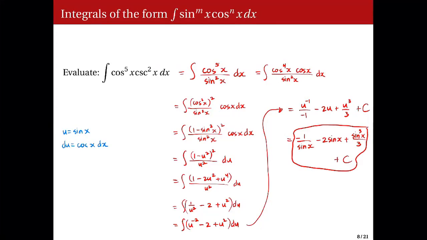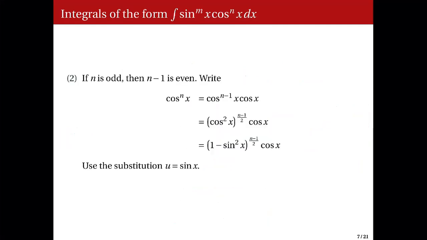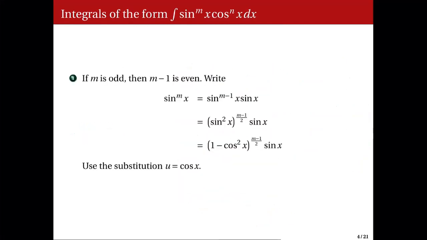Now, what if both sine and cosine have odd powers? Well, any of the first two methods here work. If the power of cosine is odd, you can do this. Or if the power of sine is also odd, you can do this.